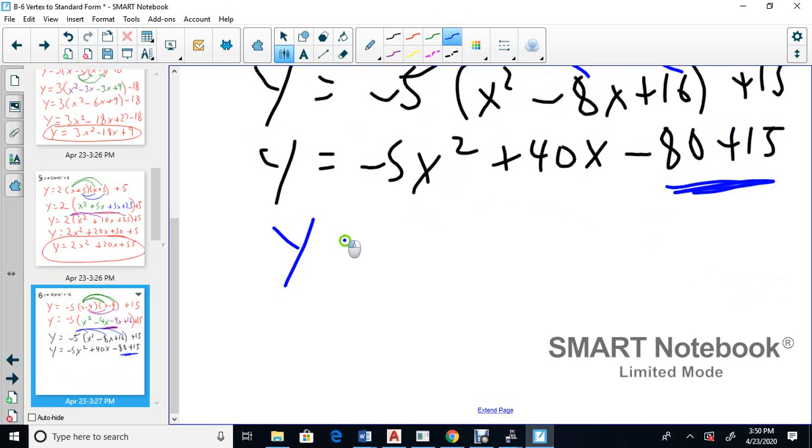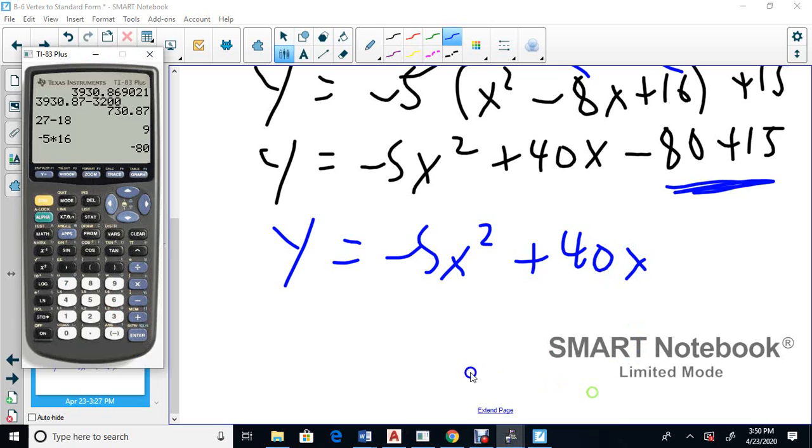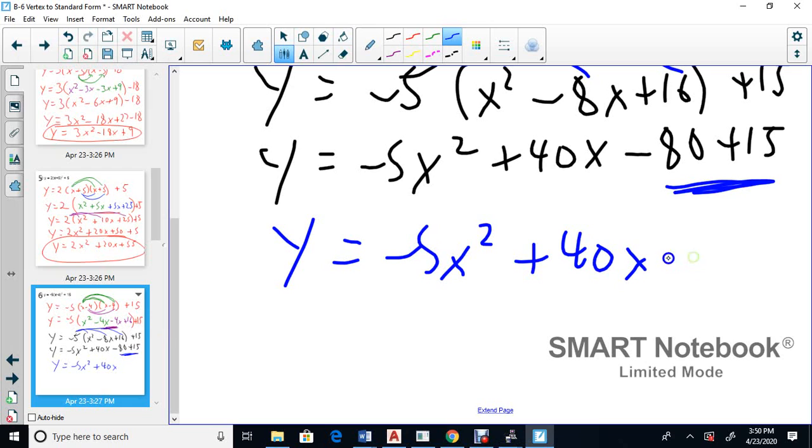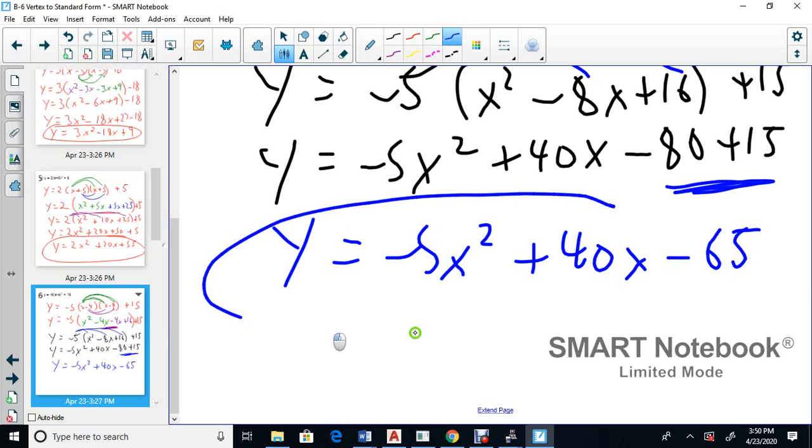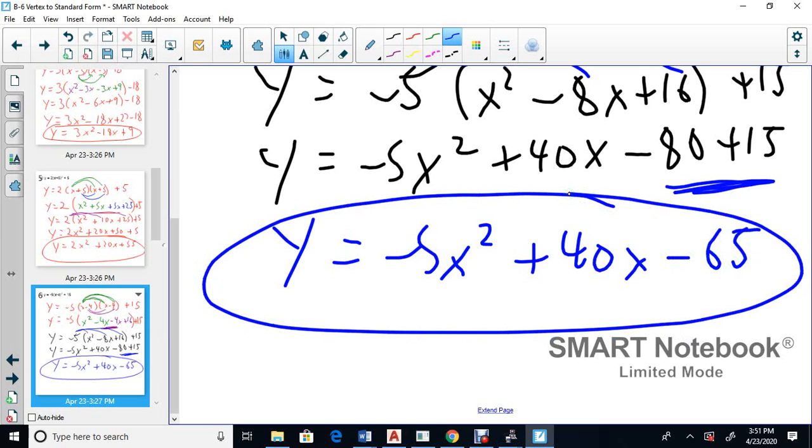So you get y equals negative 5x squared plus 40x. And when we put the last two together, we can go to our calculator again. Negative 80 plus 15, and you get negative 65 as your final number at the end here. And I'll circle the answer. You can box the answer up.